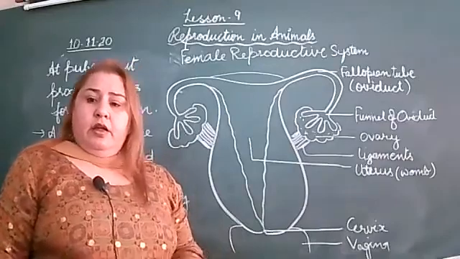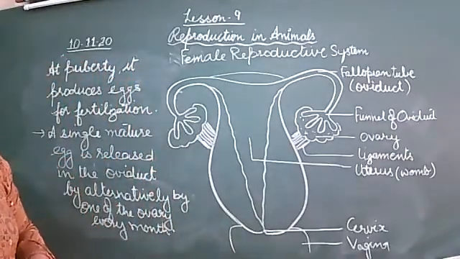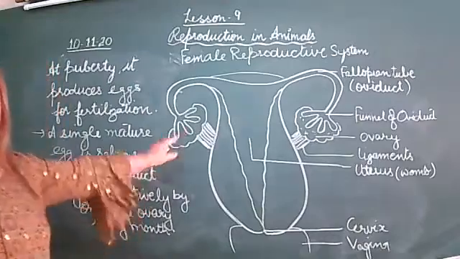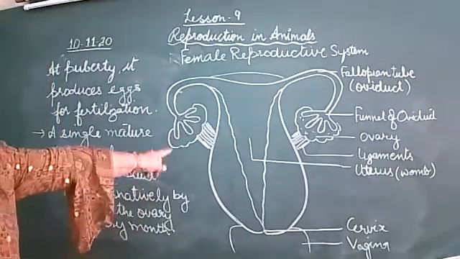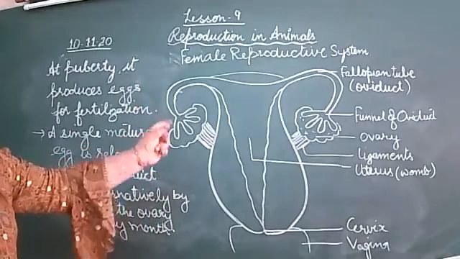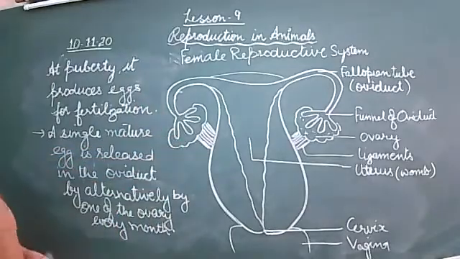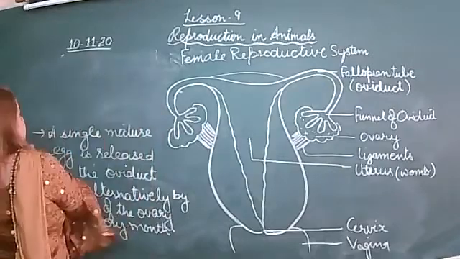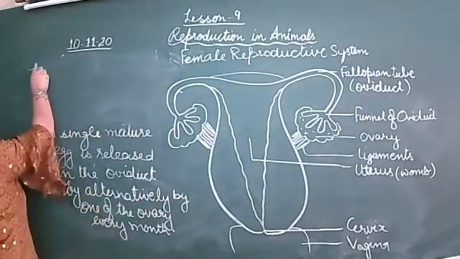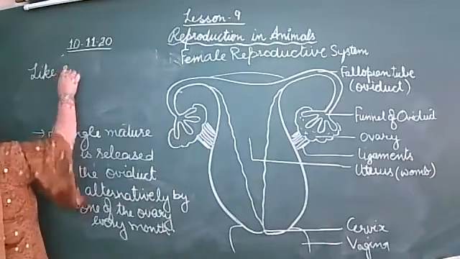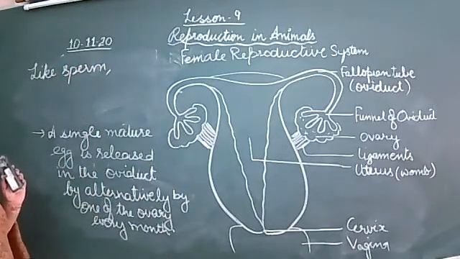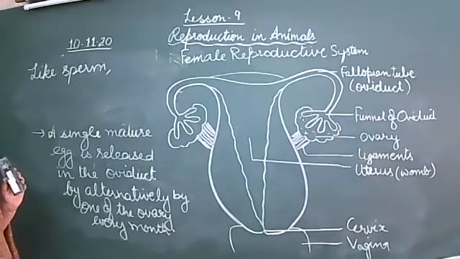Is it clear? Right? But here is an important line. As we were discussing the male reproductive part, now I am discussing this. Write down one point also: like sperm, egg is also a single cell.